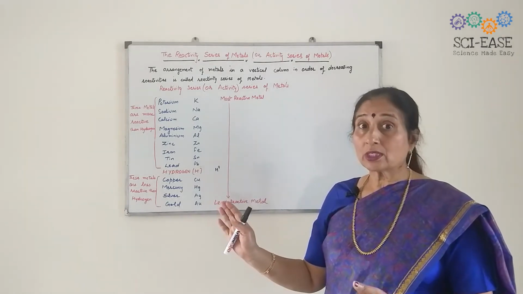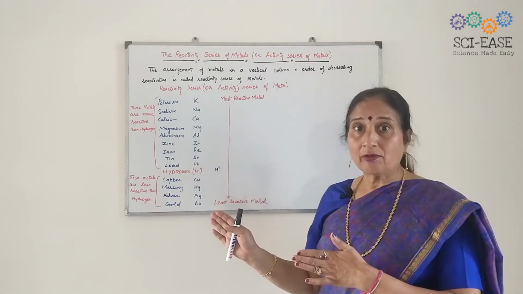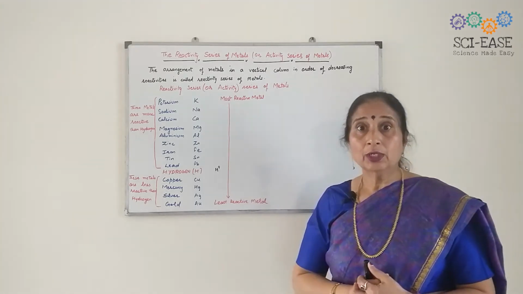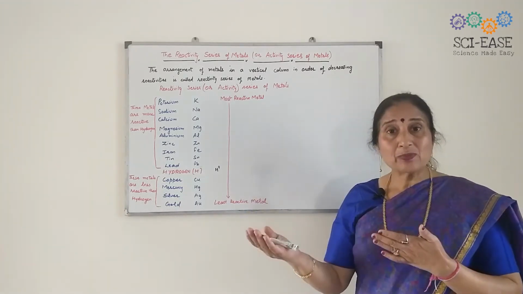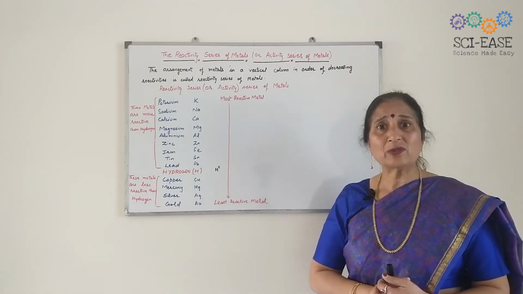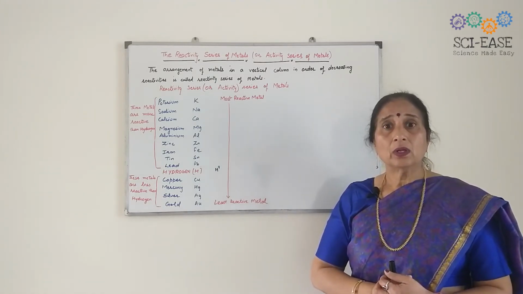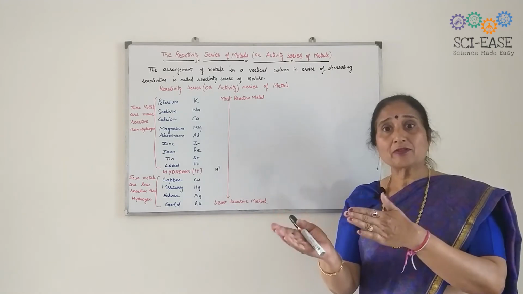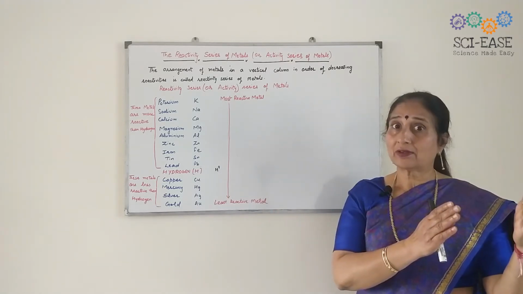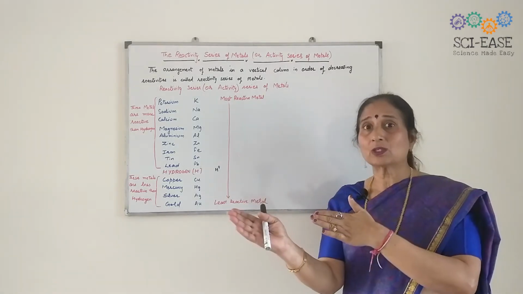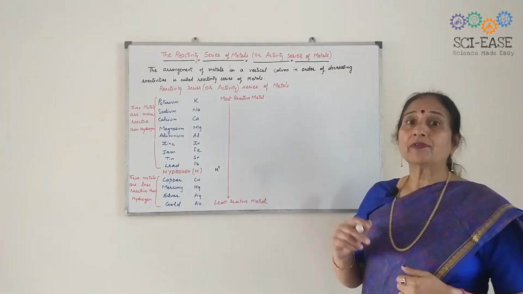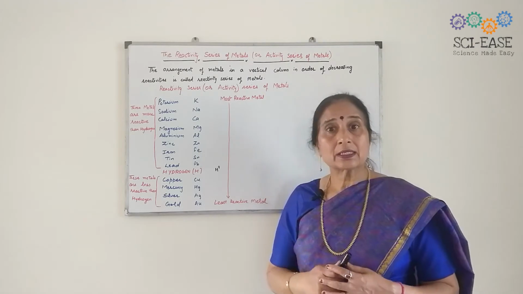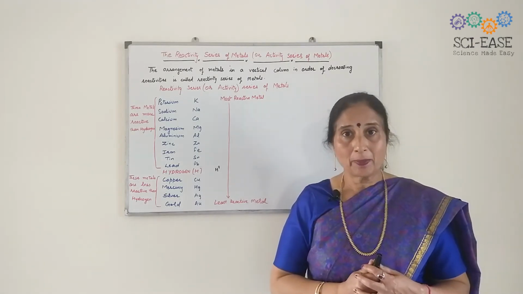This was a very important thing which I wanted to share with you. We have seen this in displacement reactions also. Only the more reactive metal can displace the less reactive one. Next we will continue with the chemical properties.